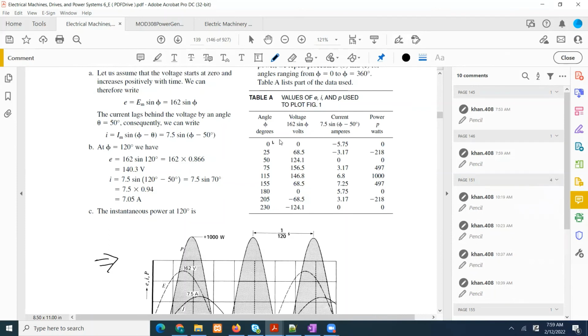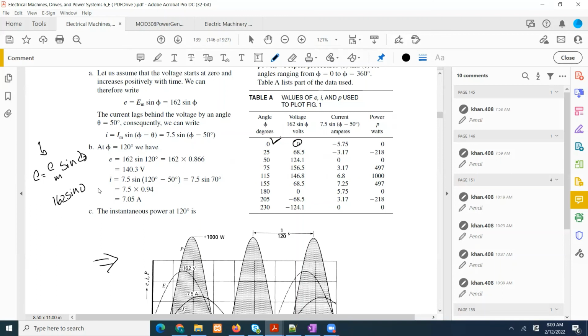First take the angle 0. If you take the angle 0, the formula I showed you is E, the voltage, equals E max sine theta. E max is 162, so we would say sine of 0, and that would give you this value right here.